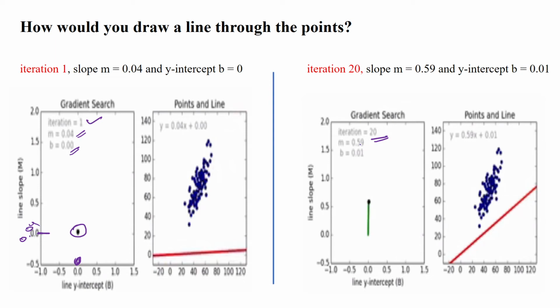Here the points are also arranged in the plot. In iteration number 1, the data points are arranged in this manner, the predicted values. And now 0.01 is the y-intercept, m is the slope 0.59. So this is the 0.59, this is 0.01.